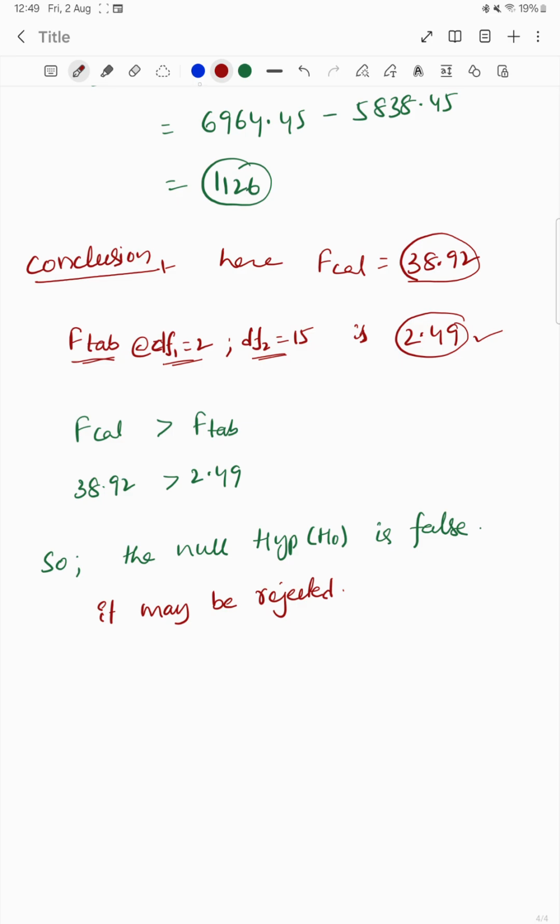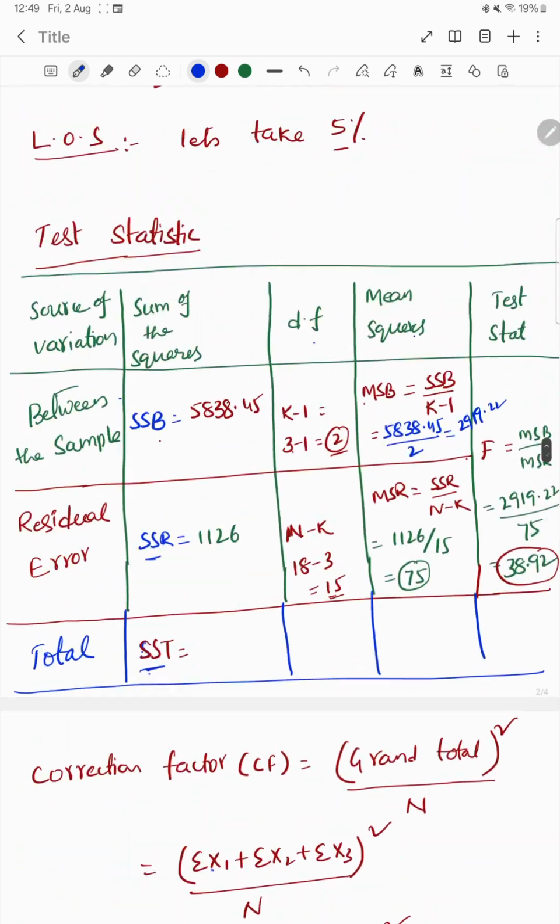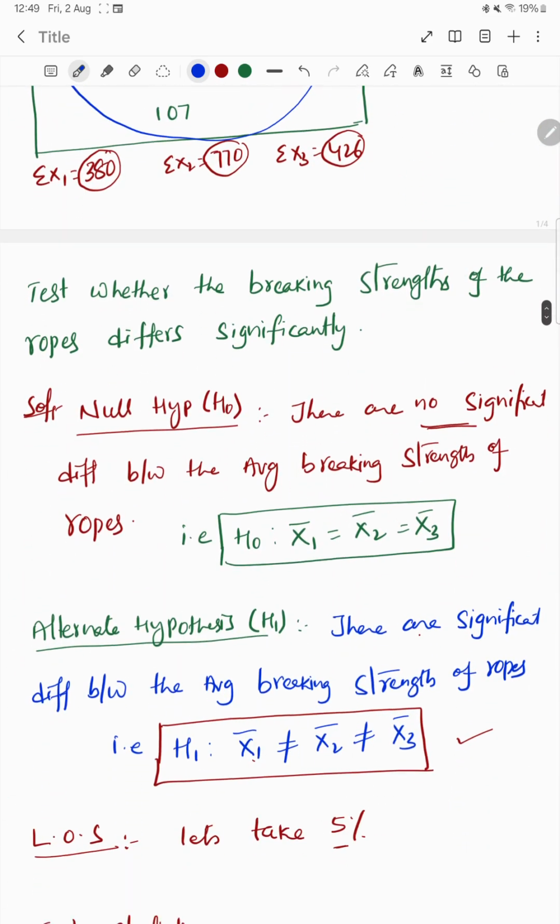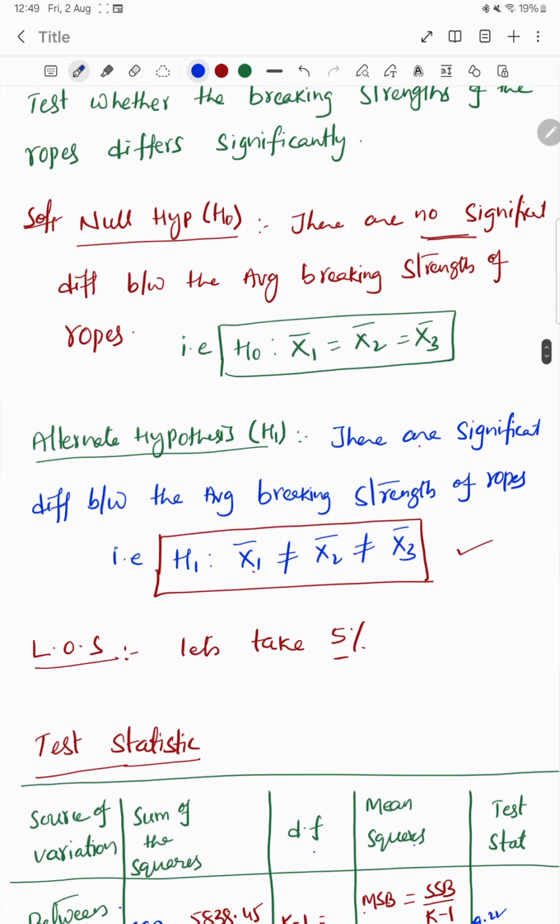Hence our conclusion is our alternate hypothesis. What we have written in the alternate hypothesis?